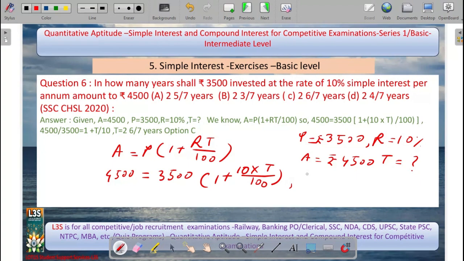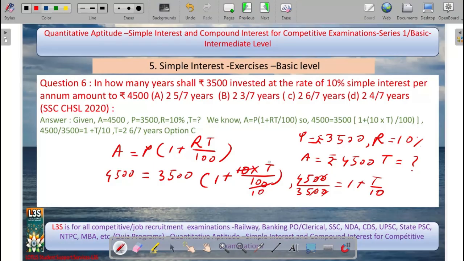So 4,500 by 3,500 we can simplify, is equal to 1 plus T by 10. We can simplify this. This becomes 10.